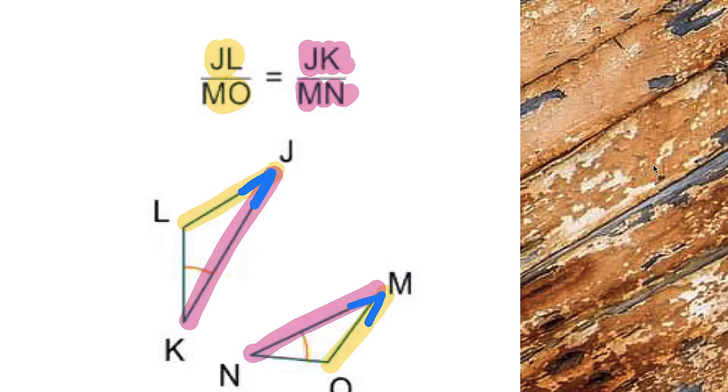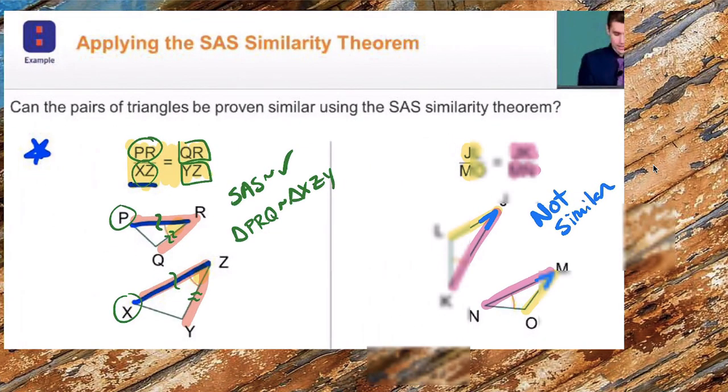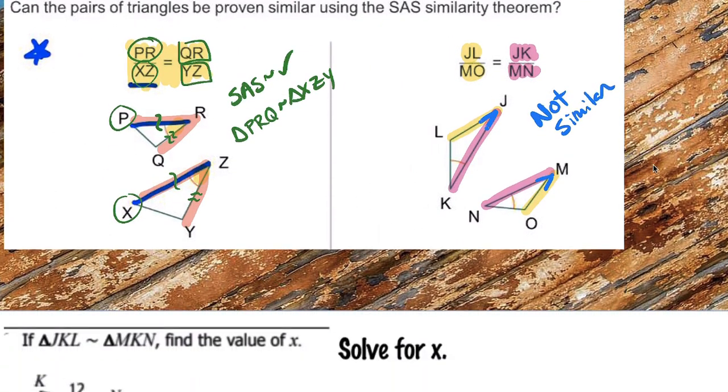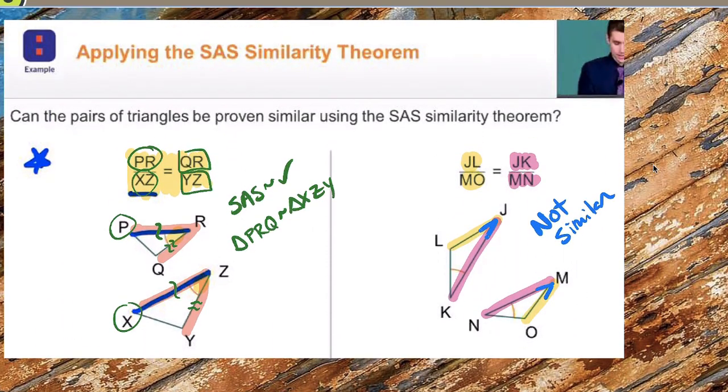And currently, I don't have that. I currently basically have angle side side, which doesn't work for similarity. So these are not similar. And so those are some samples of side angle side.